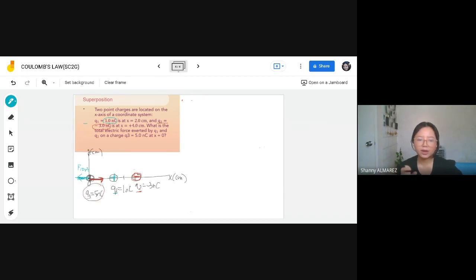Okay? So in order for us to find out, let's try to compute for the individual amount of charge. So for us to get the F net, the F net here is equal to F3. Yung force na nakaka-apekto kay Q3 ay equal siya sa sum ni F1 on 3 plus F2 on 3.